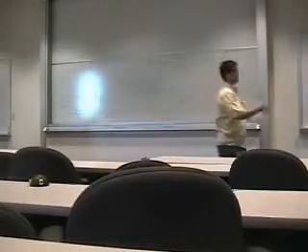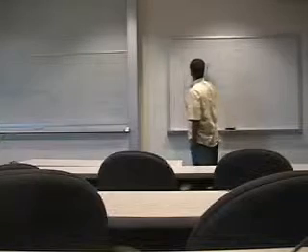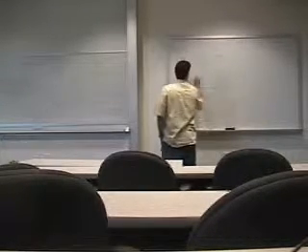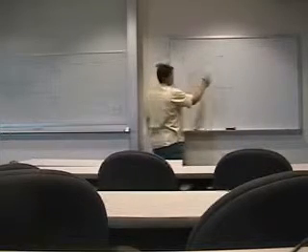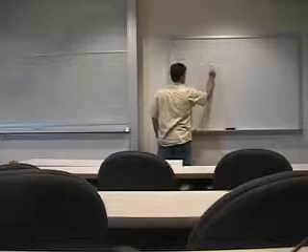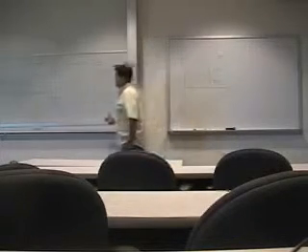We can run a regression and estimate the total cost curve, and this intercept here would represent our total fixed cost, and the remainder would represent our total variable cost.